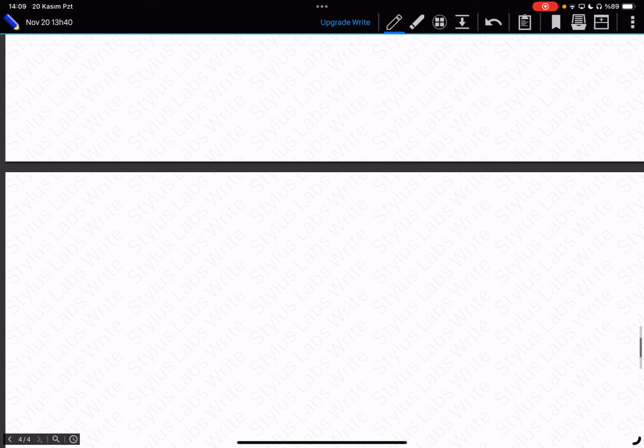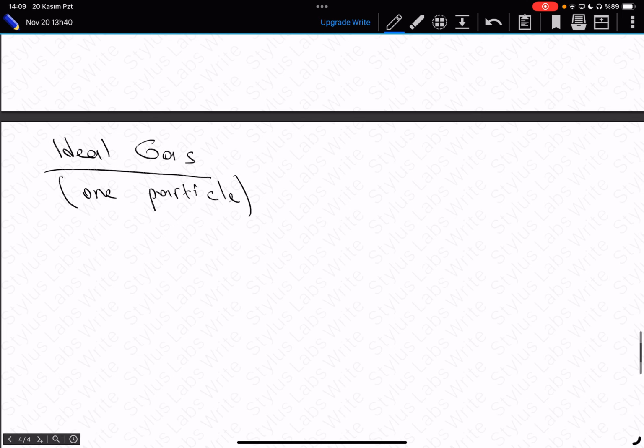Now let's look at the ideal gas. Let's look at one particle. First, we need to identify the energy eigenstates. The Hamiltonian of the system will be minus h bar squared over 2m times the Laplacian.